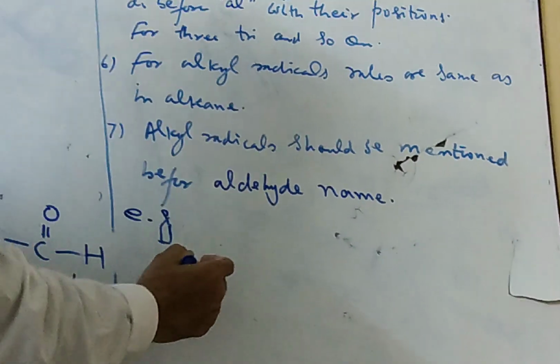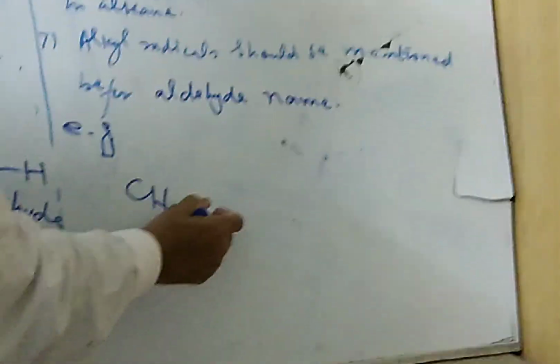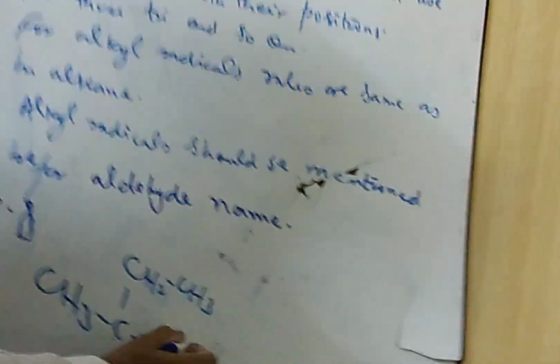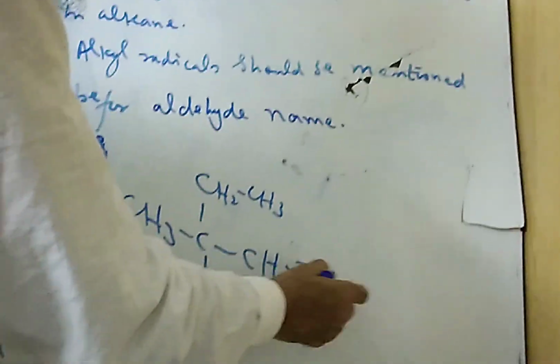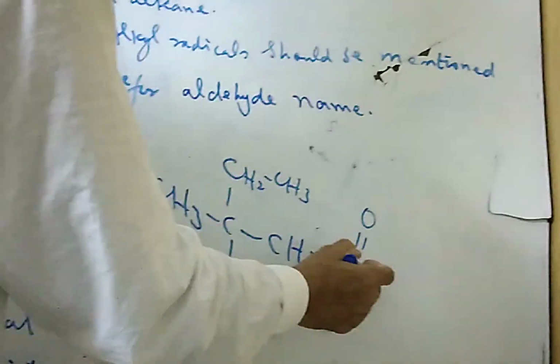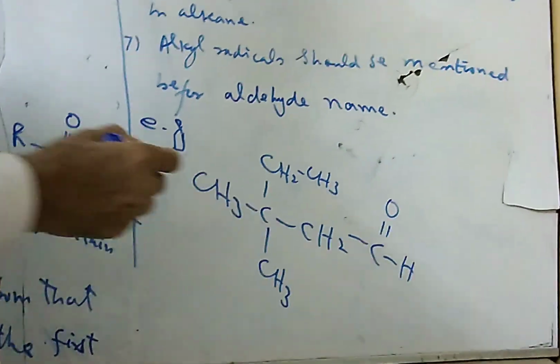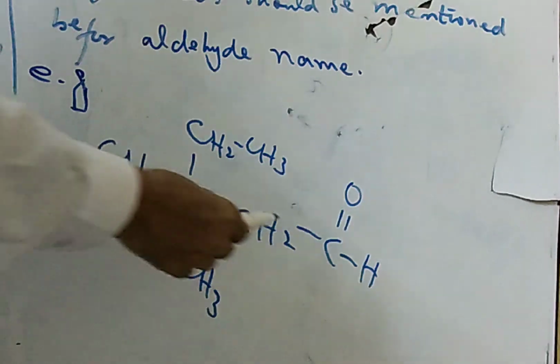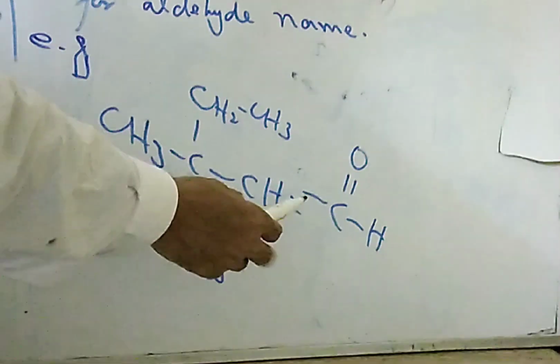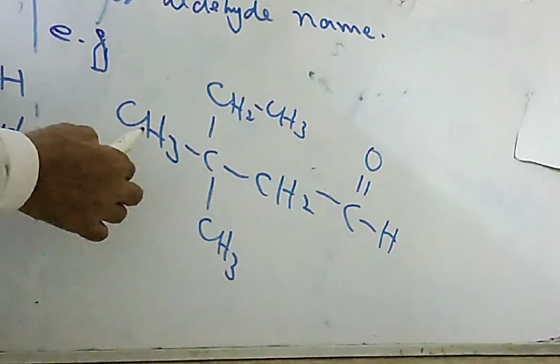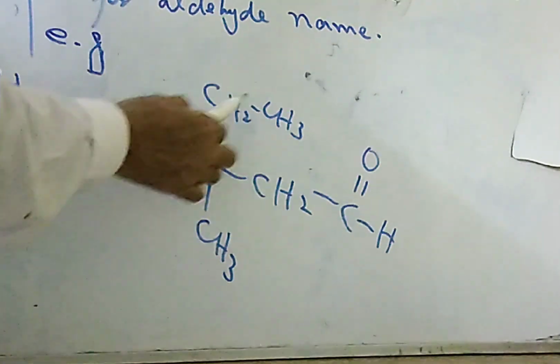For example, you can see in this case, this is the aldehyde group. Select the longest chain: 1, 2, 3, 4, 1, 2, 3, 4, 5.